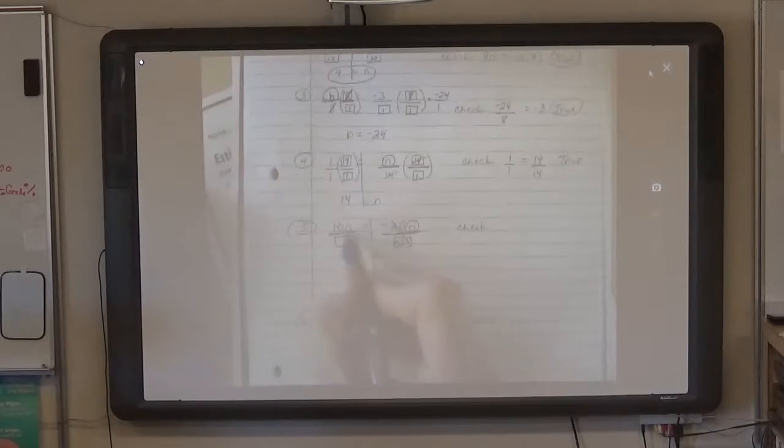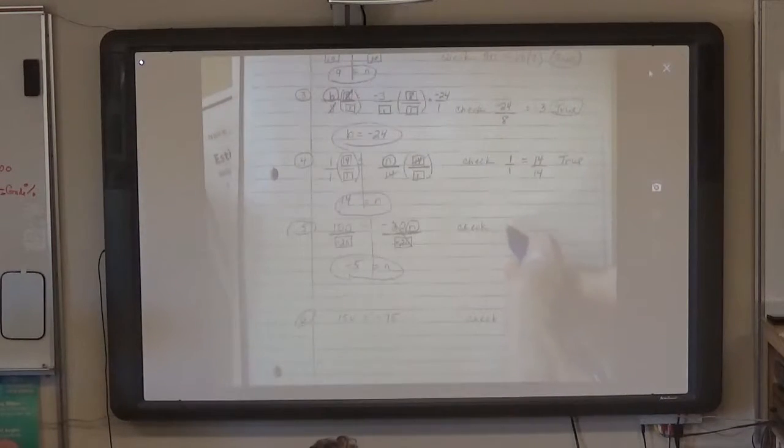Then divide by negative 20 on the other side. And n equals negative 5. Then check it. 100 equals negative 20 times negative 5. True.